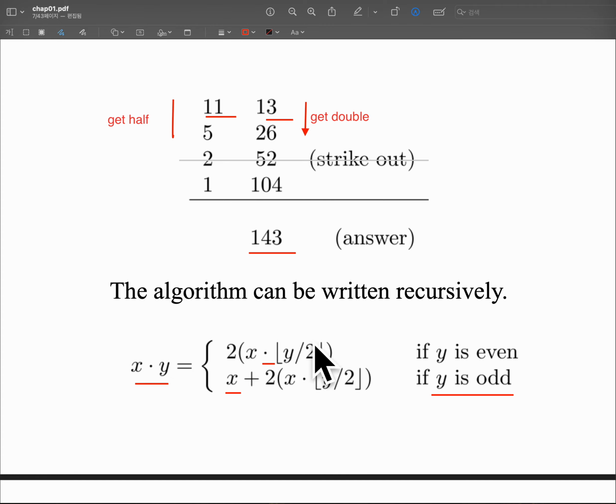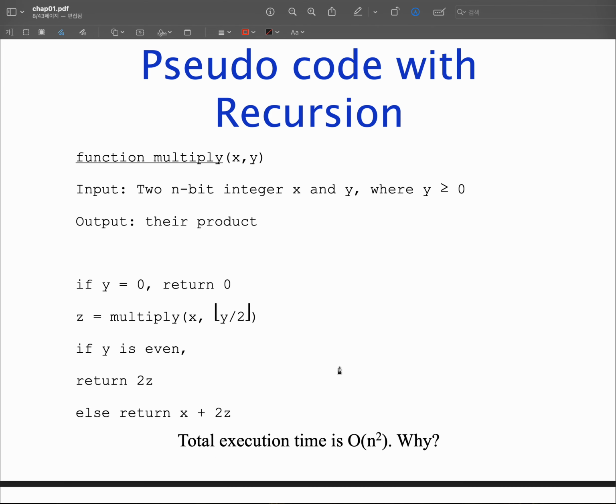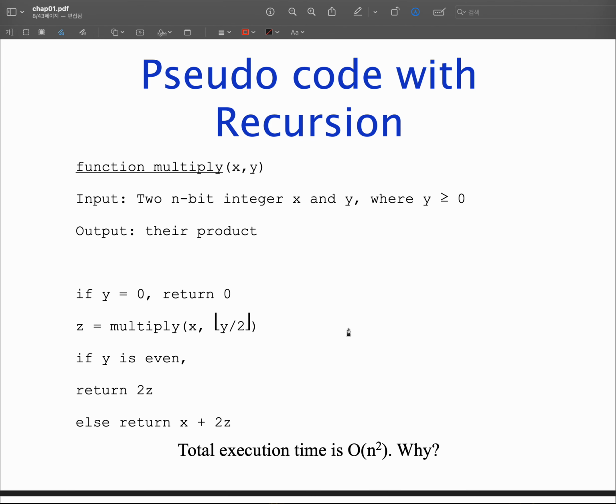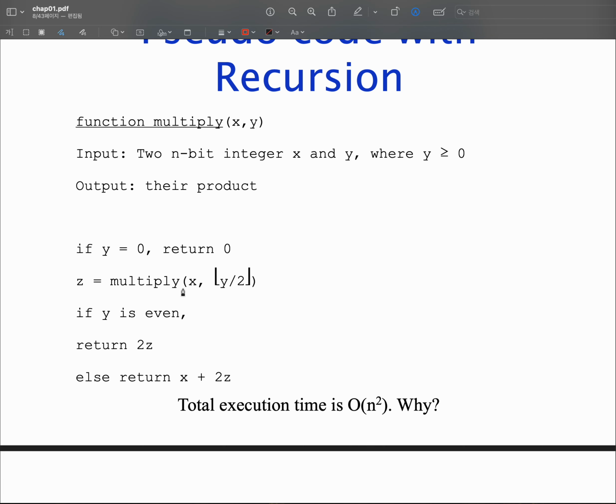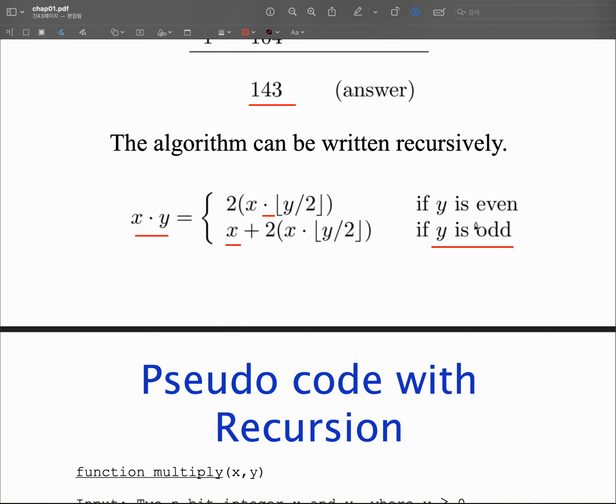Once you have this recursion, you can write pseudocode for multiplication with recursion. Like here, x times y is 2 times x times y by 2 when y is even. But in case y is odd, then you have to add x.